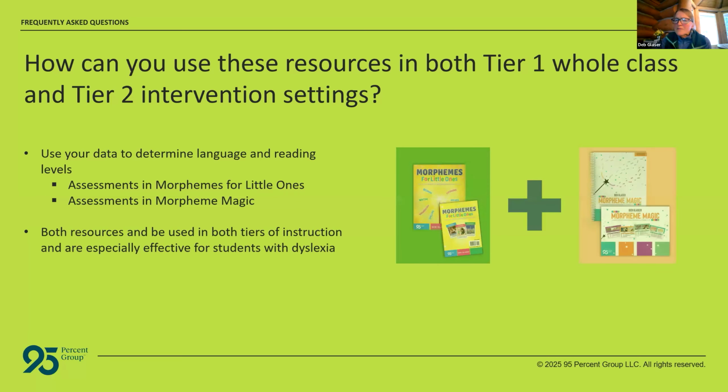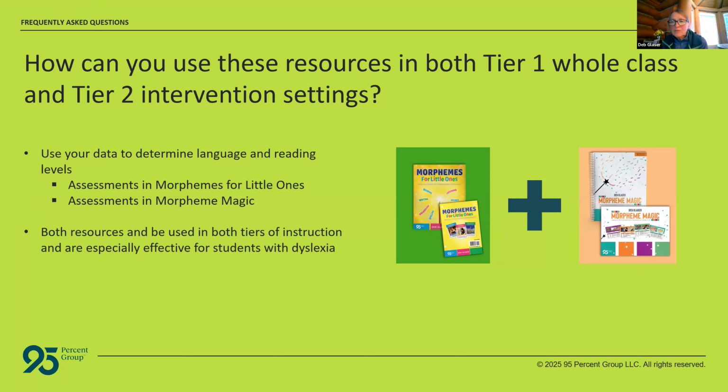So Morphemes for Littles, along with Morpheme Magic, can provide access to Tier 1 and then backing up lessons for children whose learning levels require that entry level, maybe starting with the suffixes and Anglo-Saxon words, which would match their phonics lessons or their systematic reading lessons.